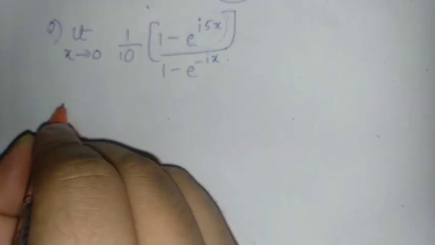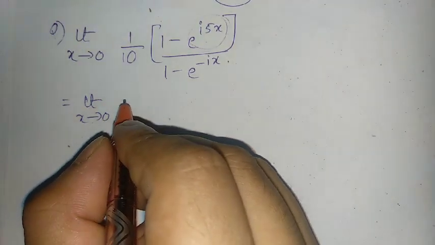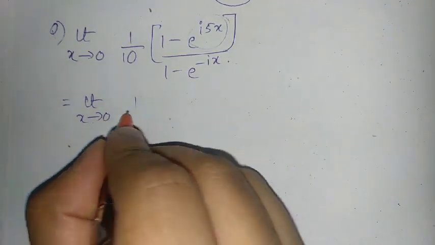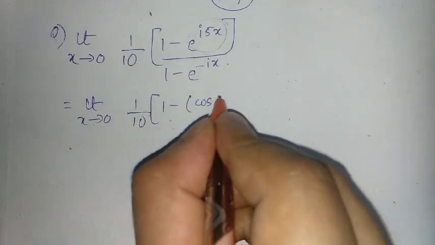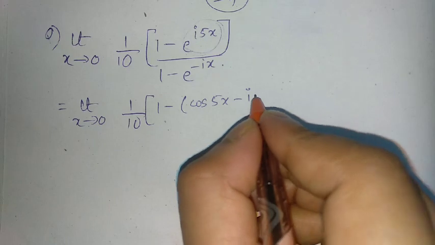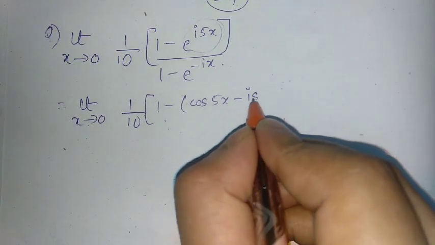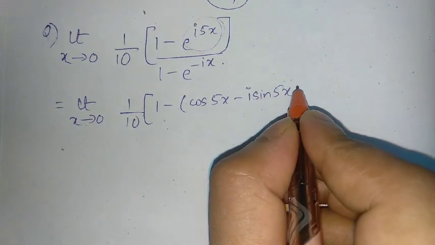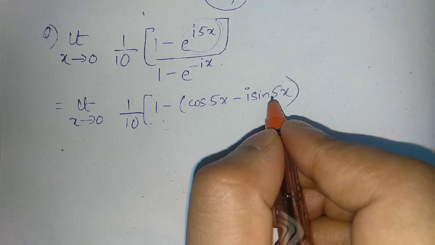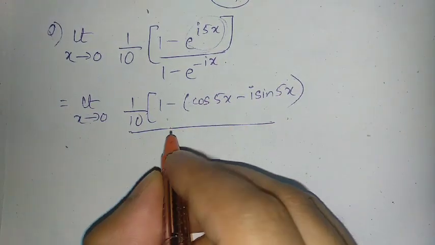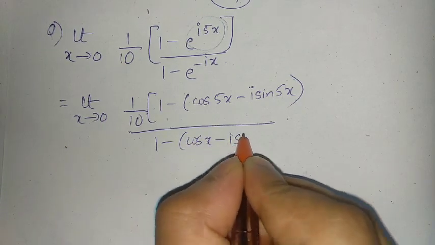So this is nothing but equal to limit x tends to 0 of 1 by 10 times (1 minus cos 5x minus iota sin 5x) divided by (1 minus cos x minus iota sin x).